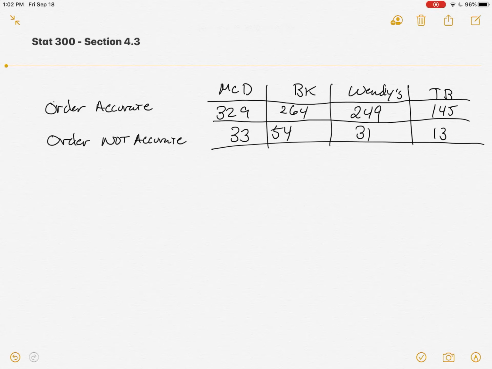Alright, here in section 4.3 we're going to extend our knowledge about probability to a couple of other questions. And the first thing that we're going to look at that's contained in this section is what's called conditional probability. Conditional probability can be explained in a lot of ways, but essentially what's happening is a condition is being put on.